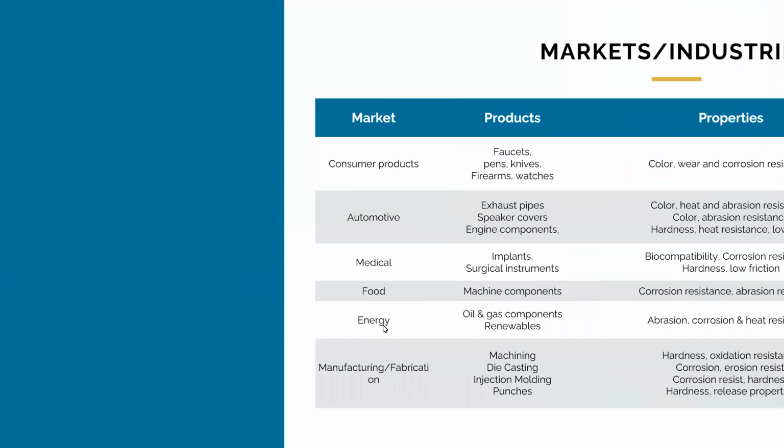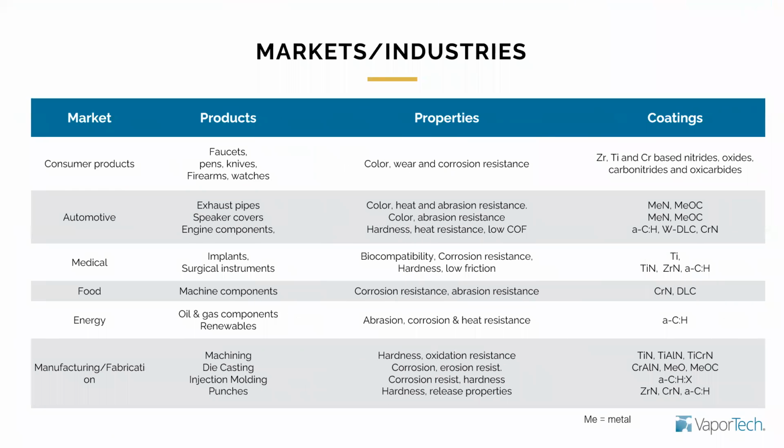In terms of applications, you're going to find coatings in all walks of life and in many different components that you probably have either on you or at home, and if you have an implant, you might even have it with you at all times.